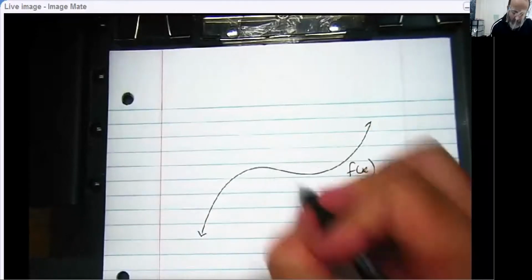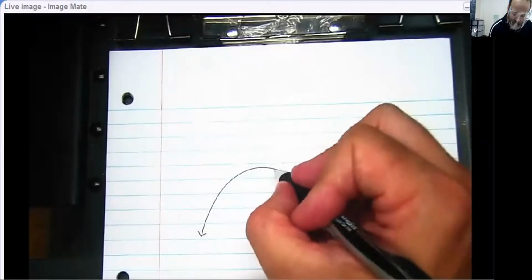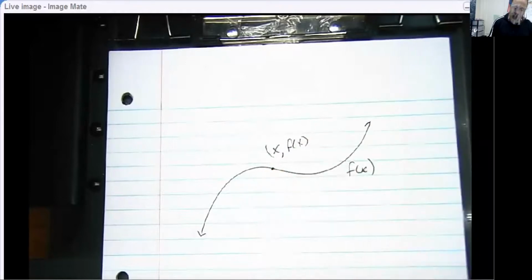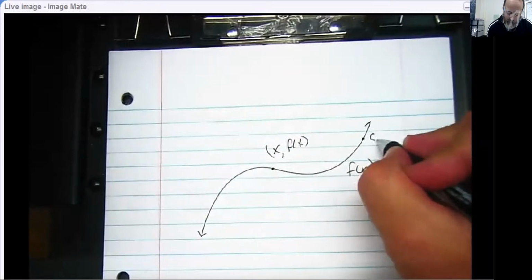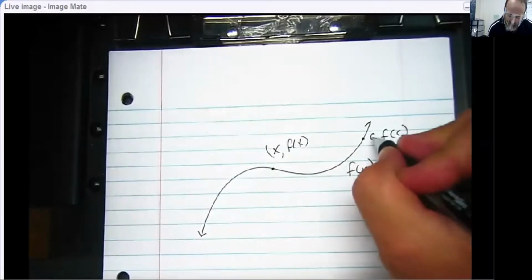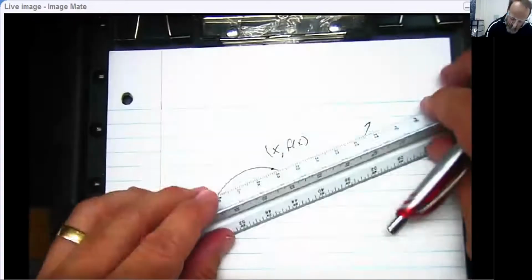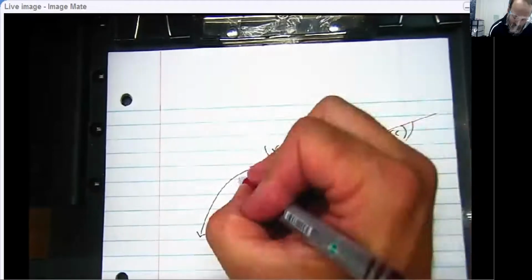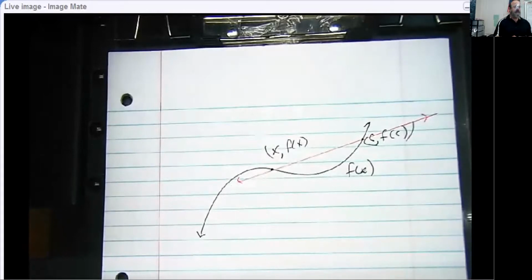Any value that I pick right here, say x, f of x, and some other point over here, call it c, f of c, I could draw a line between these two points. Could I use this line as a way of estimating the slope of that curve?